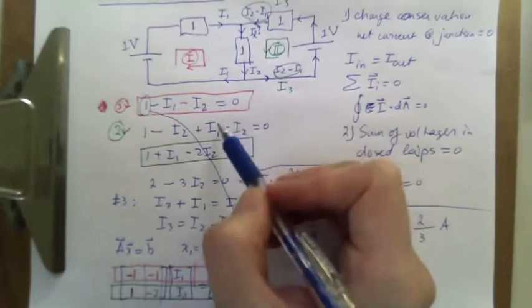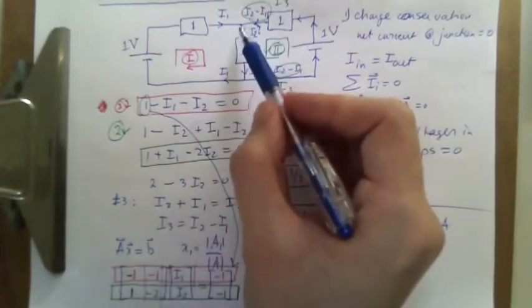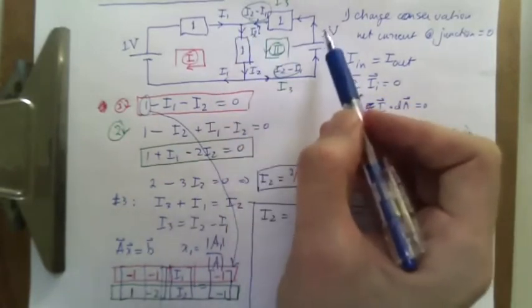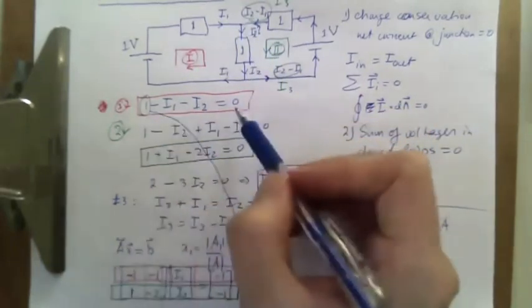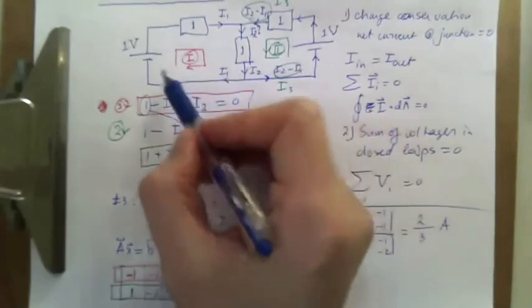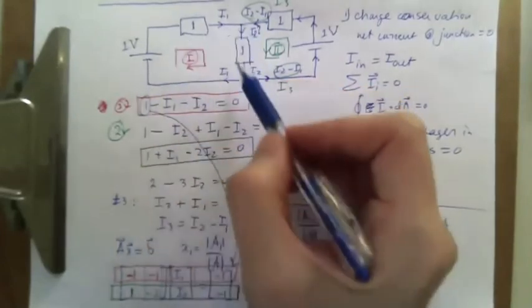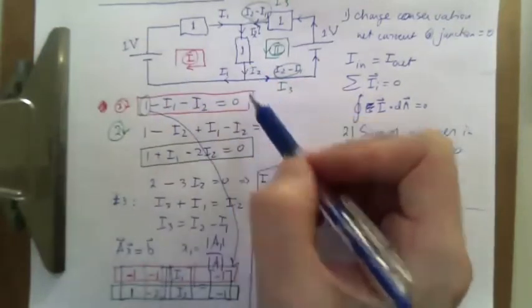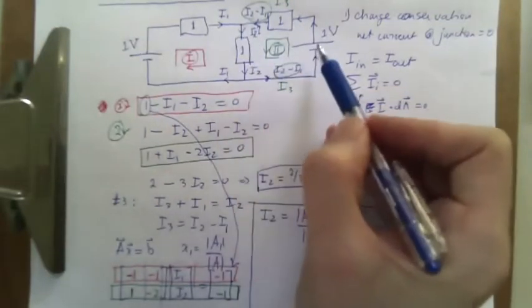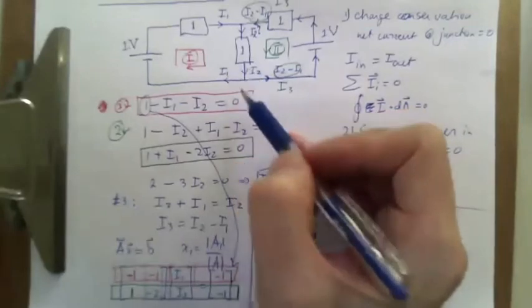And I would not have changed any of the current laws, because the current junction rules are the same no matter where these batteries are. And the circuit voltage rules are not changed either, because no matter which path I take, if I go through here, I will cross this battery once, independent of whether it's here or here. I can go in this loop, I can cross this battery. Instead of having it here, I can put it in there.